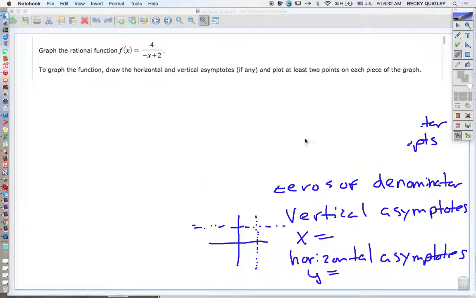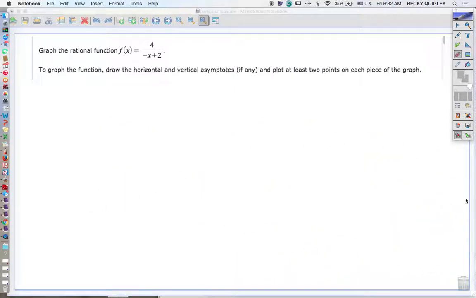So let me get this out of our way. All right, so first thing, do we have a zero of the numerator? No, because it's just 4. So this is telling us we do not have any x-intercepts. So no x-intercepts. We do have a zero of the denominator.